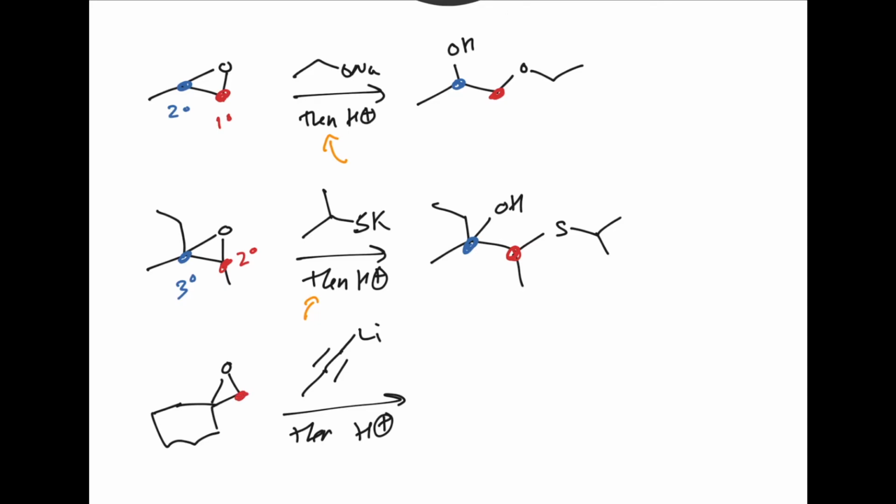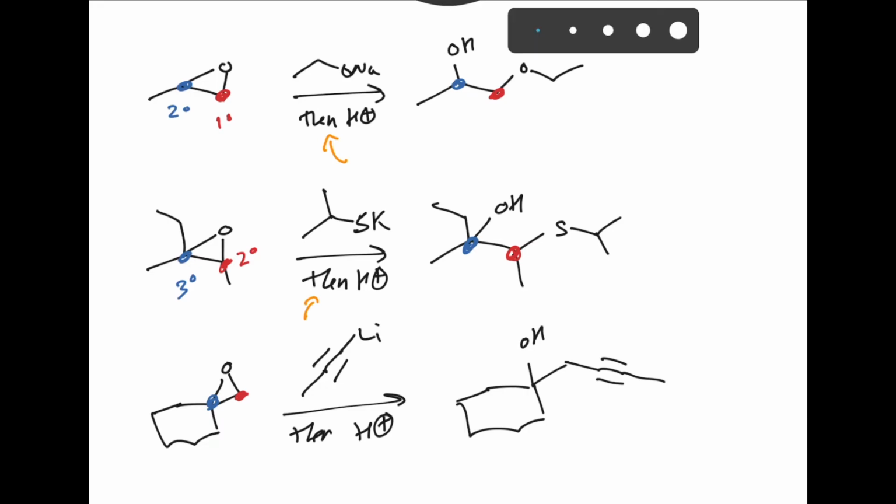We're going to add to the red side again. I, for some reason, made the least substituted carbon on the right every time. That was just a fluke. So far so good, seemed pretty easy.